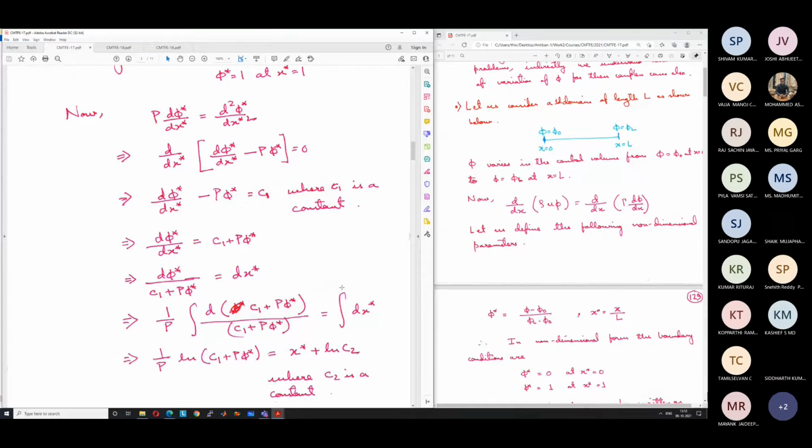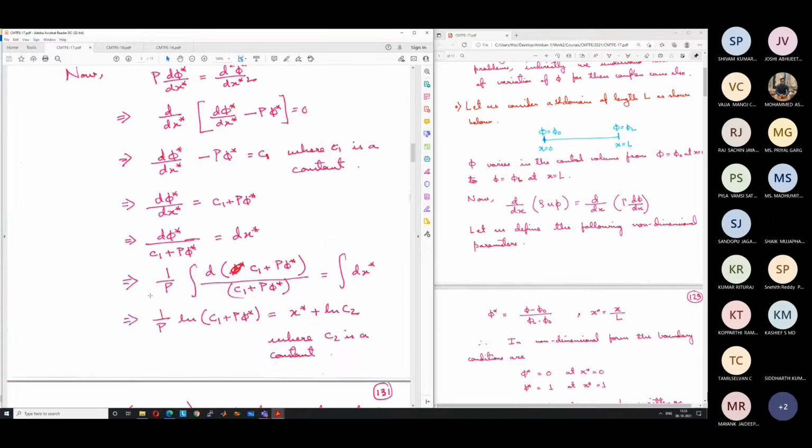Or d phi star dx star is equal to C1 plus P phi star, or d phi star by (C1 plus P phi star) is equal to dx star. Okay. So instead of d phi star, we can take this as C1 plus P phi star if we take 1 by P common, basically. So 1 by P d(C1 plus P phi star).